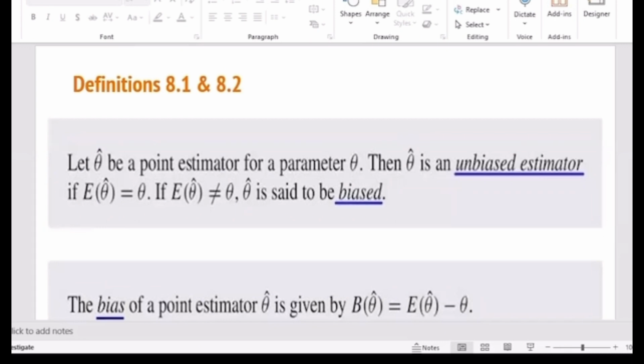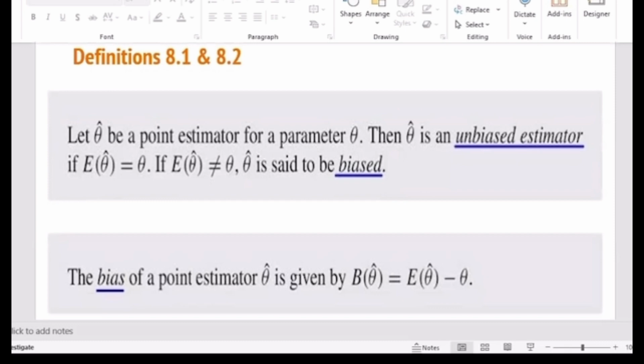On the other hand, it is biased when the expected value of the estimator is not the same as the true value of the parameter. If I want to determine the bias, I only need to compute this. The bias of a point estimator is mathematically denoted as B of the estimator, equal to the expected value of the estimator minus theta.